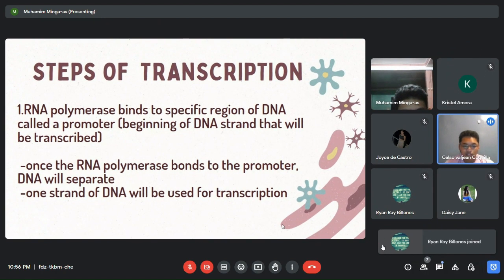The promoter is the beginning of the DNA strand that signals the start of the RNA transcription. Once the RNA polymerase binds to the promoter, the DNA will separate and one strand of DNA will be used for transcription. Next slide, please.